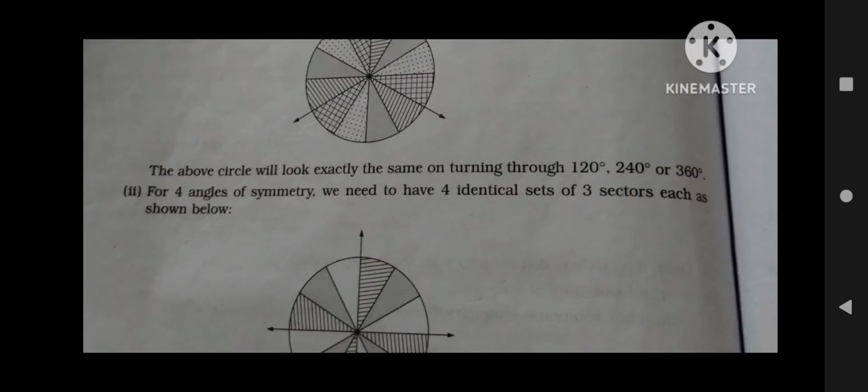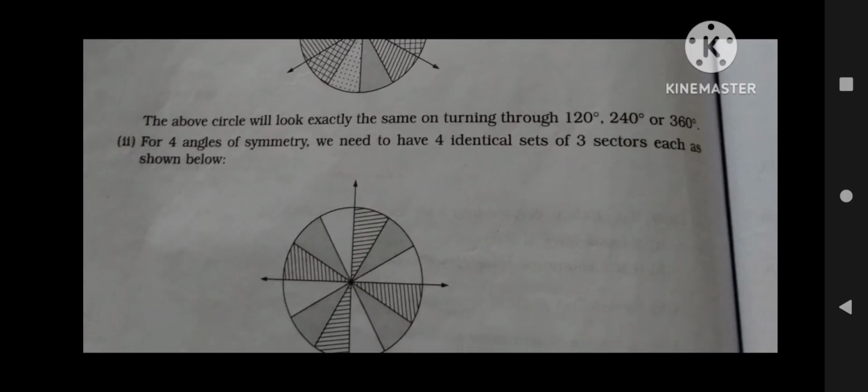The above circle will look exactly the same on turning through 120°, 240° and 360°. 2. For 4 angles of symmetry, we need to have 4 identical sets of 3 sectors each as shown below. The above circle will look exactly the same on turning through 90°, 180°, 270° or 360°.